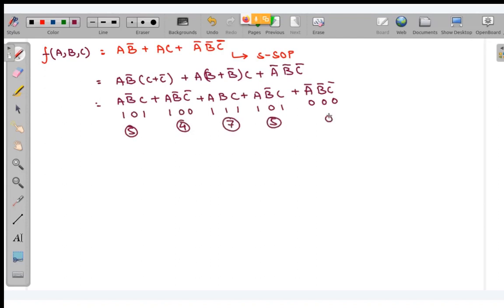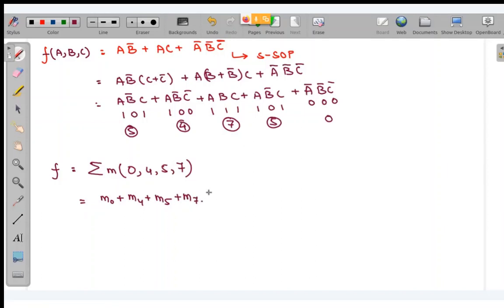So either I can write f as summation of minterms in ascending order 0, 4, 5, 7, or I can write it like m0 plus m4 plus m5 plus m7. How many of you got this one?